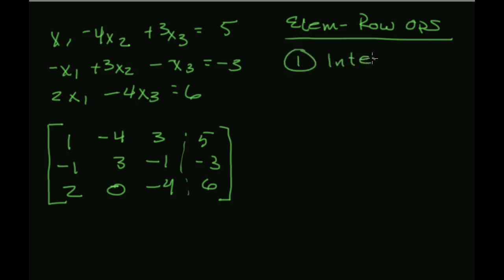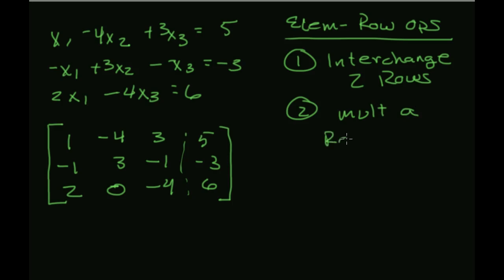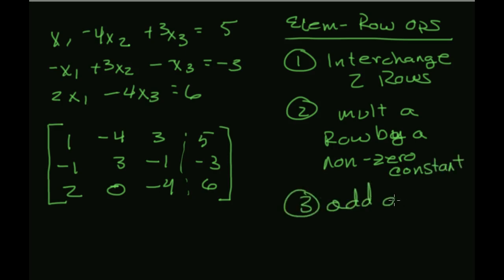You can interchange two rows, or you can multiply a row by a non-zero constant, or third, you can add a multiple of one row to another.